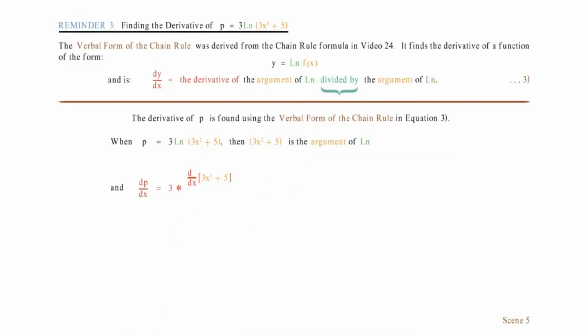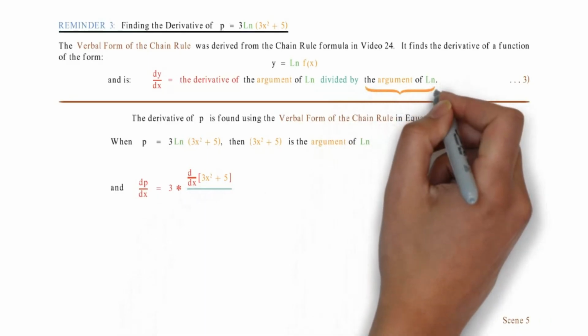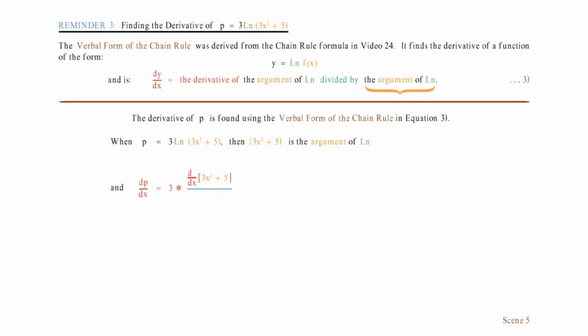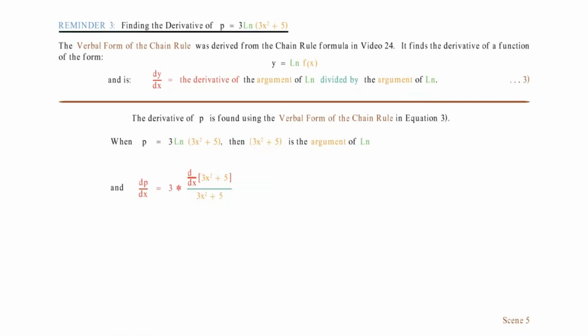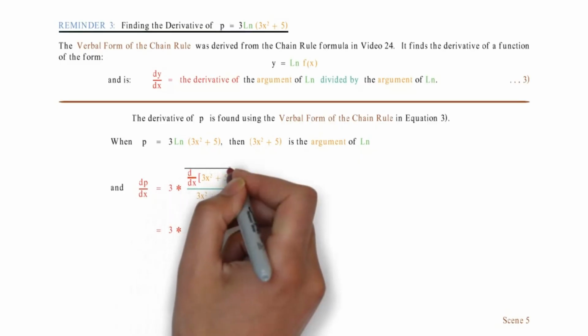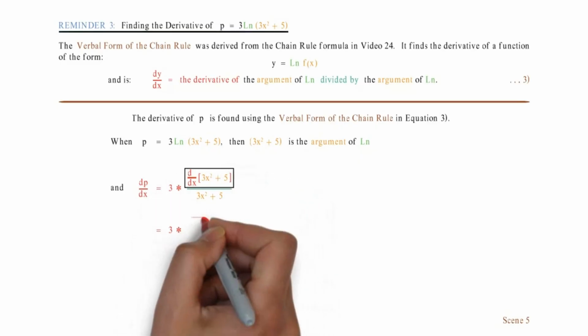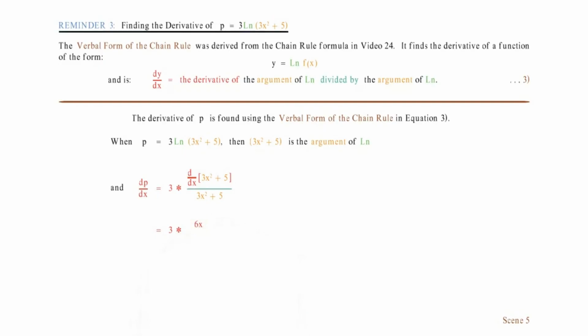Divided by is divided by. The argument of ln, as before, is 3x squared plus 5. Bring down 3 times. This derivative is equal to 6x. Bring down.